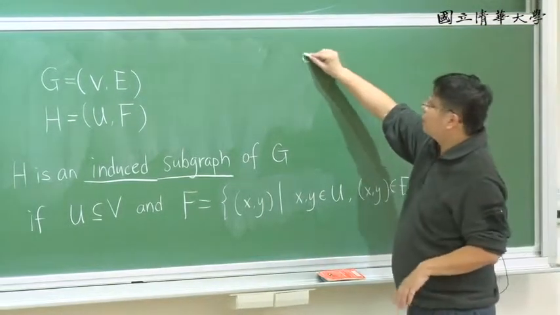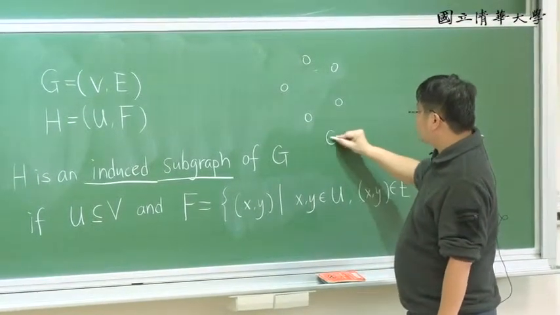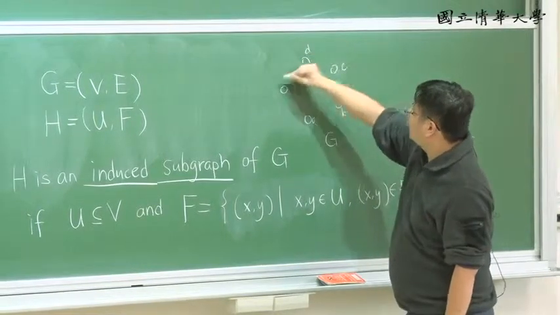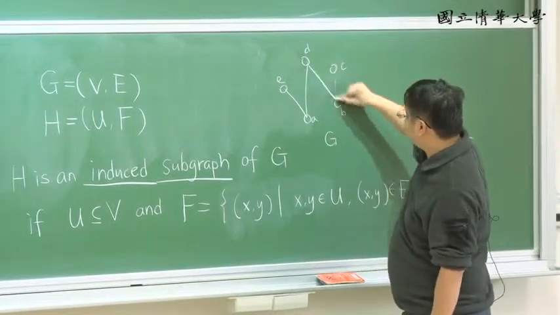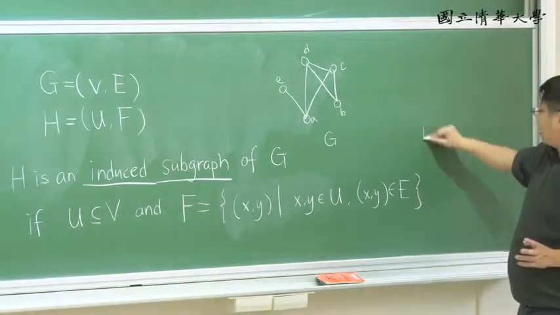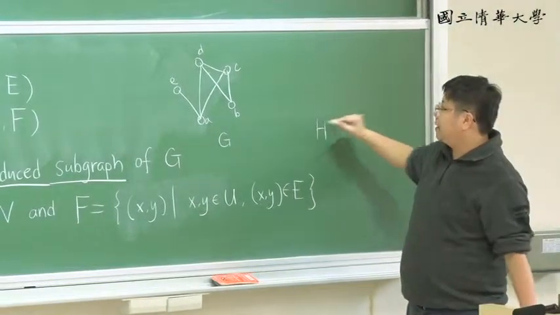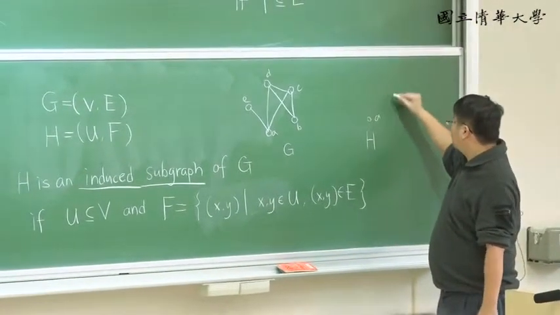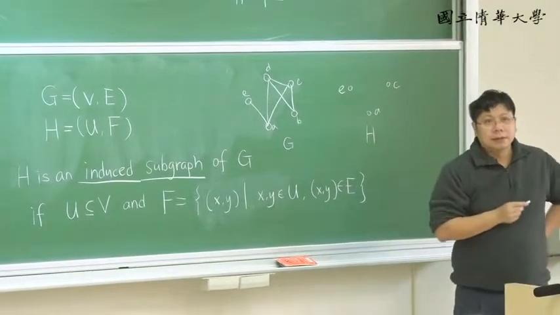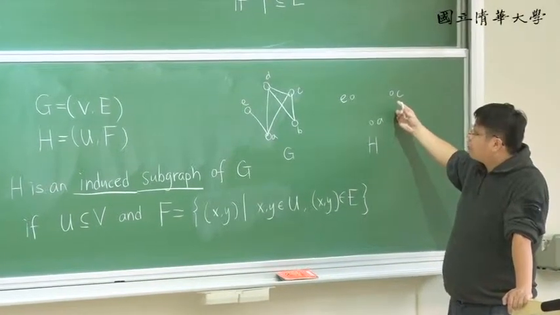Okay. So it's easy to have an example first. So let's call it the graph G. We have vertices A, B, C, D, E, and let's draw some edges between them. Okay. So we may pick a couple of vertices. Let's only check A, C, E. So we can ignore some of the vertices in the original graph.